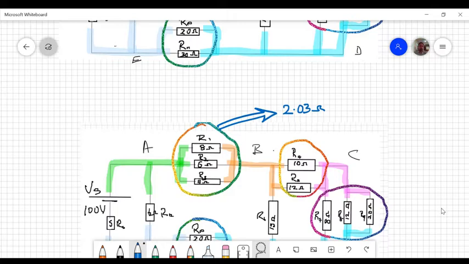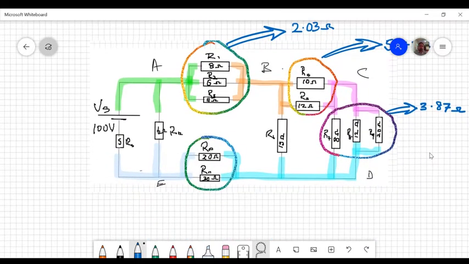This bit is 5.45 ohms. This bit is 3.87 ohms. And finally, this last bit is 12 ohms.